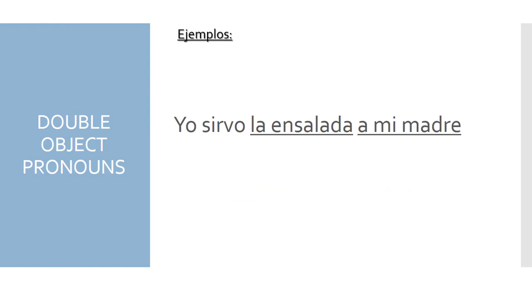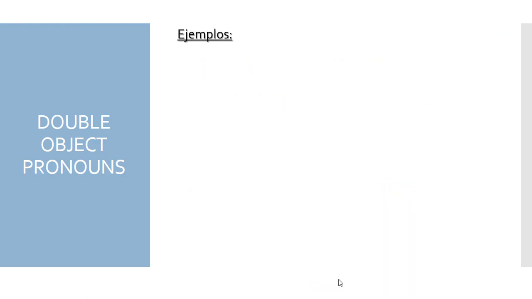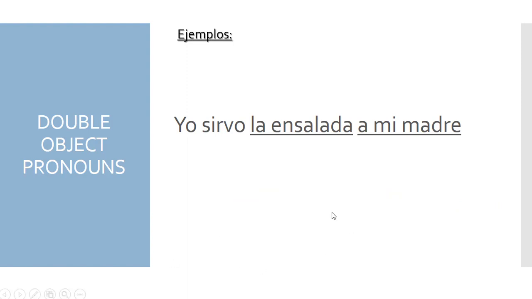Yo sirvo la ensalada a mi madre. This is very important, okay? If you have one of those in the same sentence right next to each other, write it down, take notes. Yo sirvo la ensalada a mi madre. I serve the salad is the direct, to my mom is the indirect.